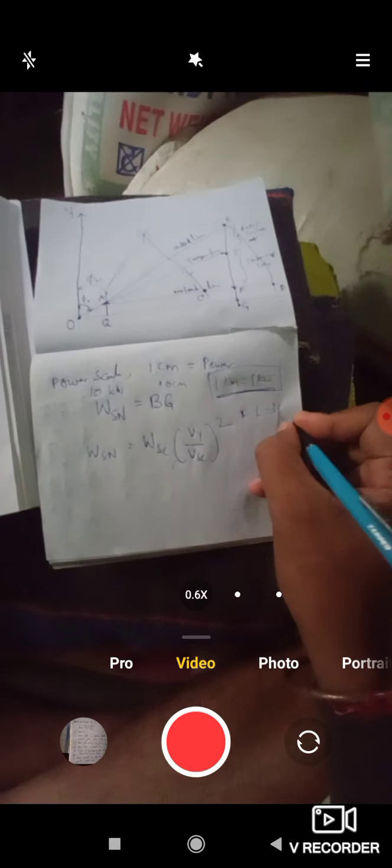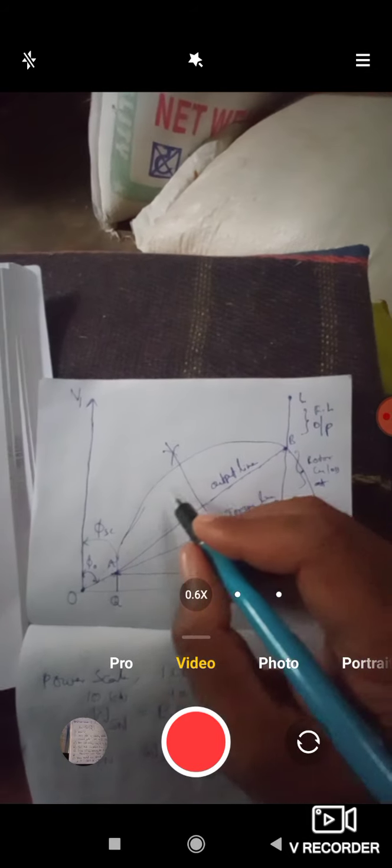Now if the full load is 3 kilowatts, then from the scale, the vertical line BL, which is equal to the full load output, is 3 centimeters. So we draw the vertical line BL equal to the full load output.